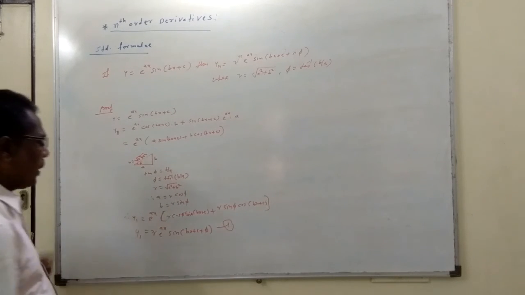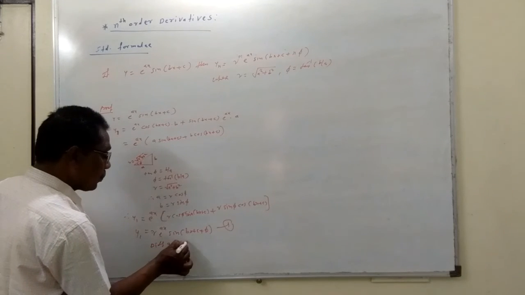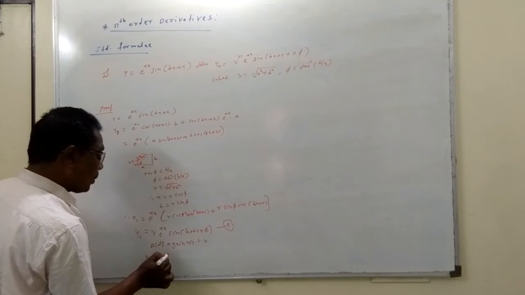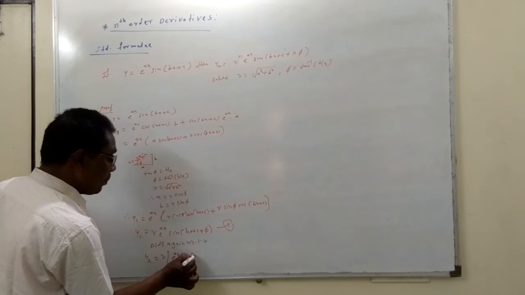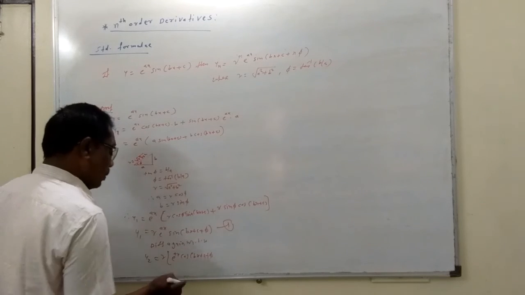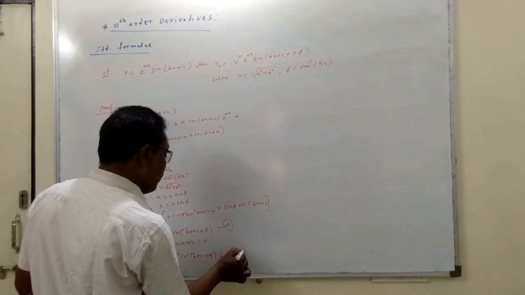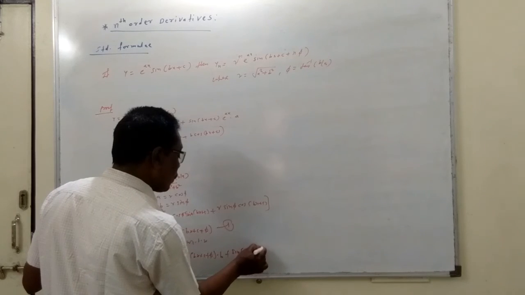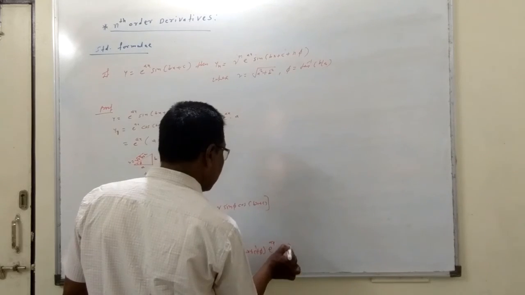If we differentiate this again with respect to x, y2 is equal to r constant, e raised to ax into the derivative of sin, which is cos(bx + c + φ) into b, plus sin(bx + c + φ) constant and the derivative of e raised to ax is a.